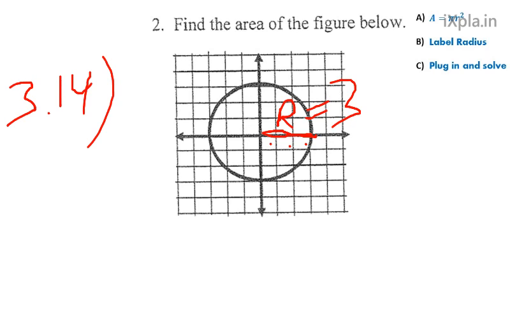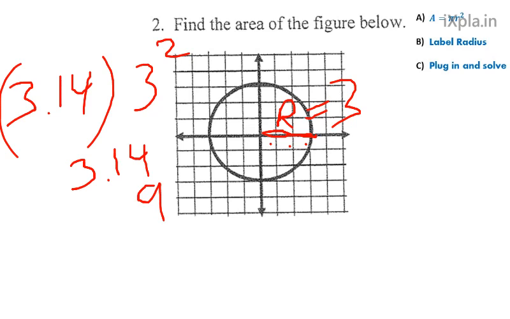So now we've got 3.14, that's pi, times 3 squared, pi r squared. So that means 3 times 3 is 9. So 3.14 times 9, multiply that out. 9 times 4 is 36. 9 times 1, carry the 3, is 12, carry the 1. 9 times 3 is 27, plus the 1 is 28.